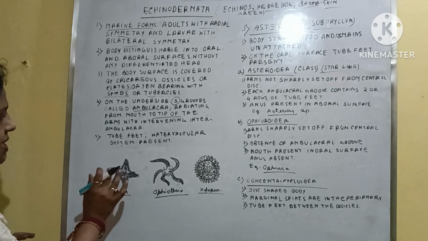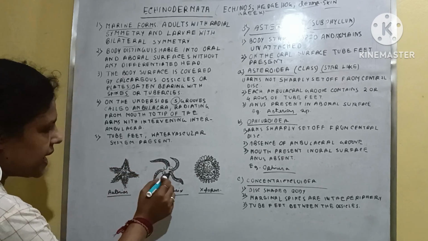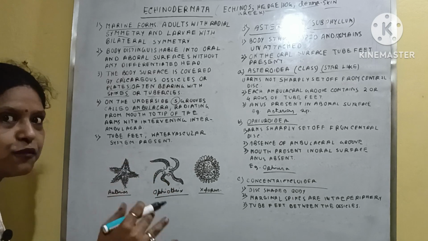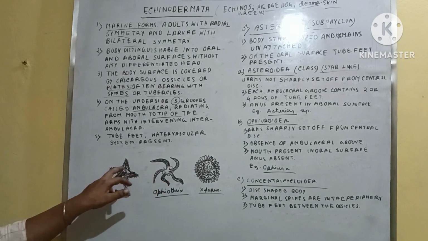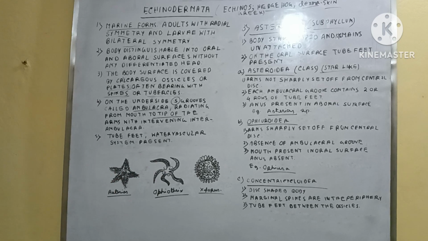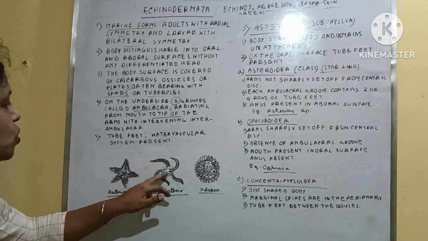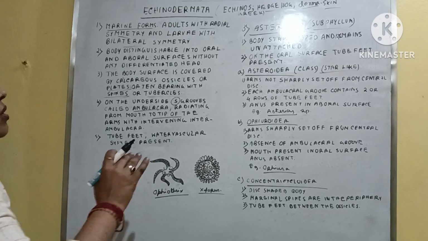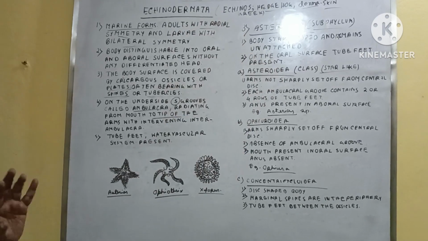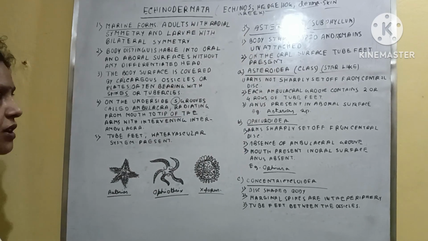Now compare this structure with this. Here the arms are cut off very sharply from the disc. This is the main difference between the two classes. So in Asteroidea, the arms are not sharply set off.